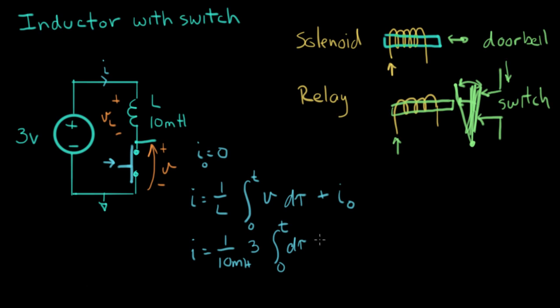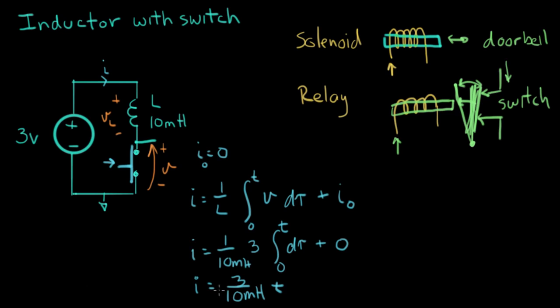And I0 is 0. Then we get the final form, which is I equals 3 over 10 millihenries times the integral from 0 to t of d tau, which is just t. And that's the answer.